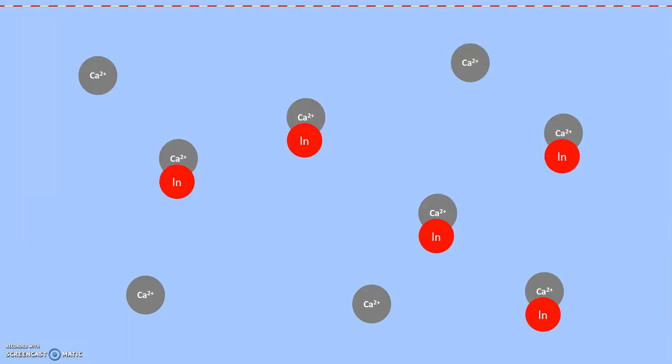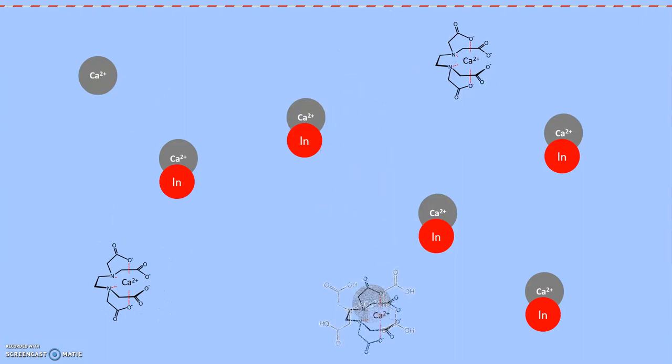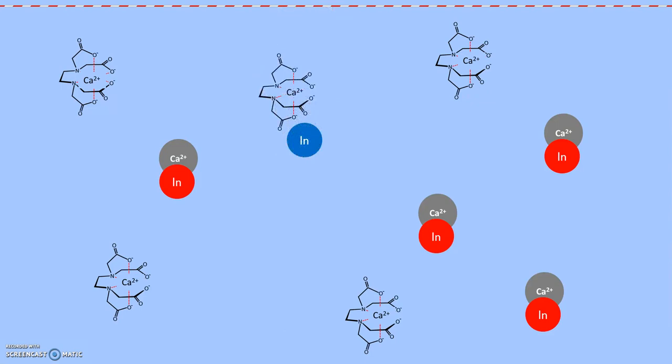As you start to add EDTA into solution, that EDTA will complex with the free calcium ions, and the solution will still look red until you've complexed all of the free calcium ions. Then the EDTA will start to displace the calcium ions that are complexed with indicator. Once the indicator has been kicked off of the calcium ion, it changes its color from red to blue.